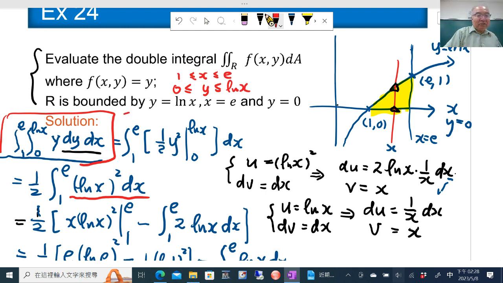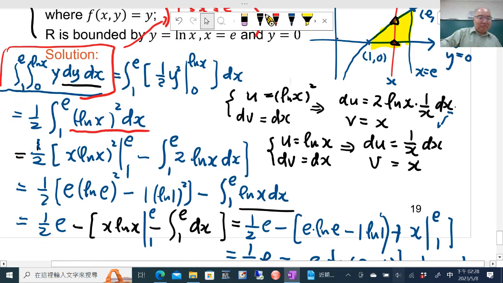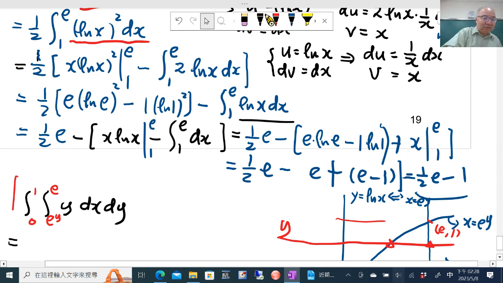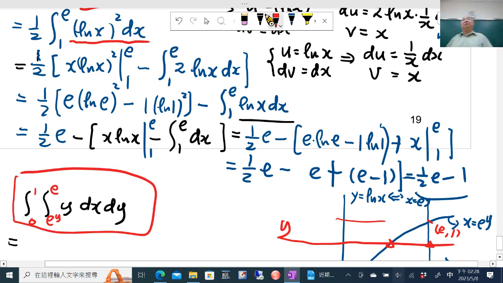So from this integration, you have this knowledge about the domain, draw the domain, and try to reverse the order, becoming this format. That's a very important technique, starting with one order, using the domain graph, converting to the other order.